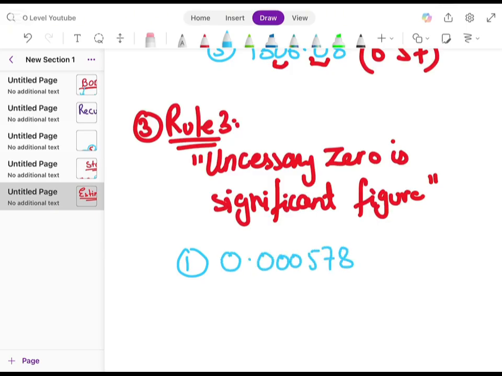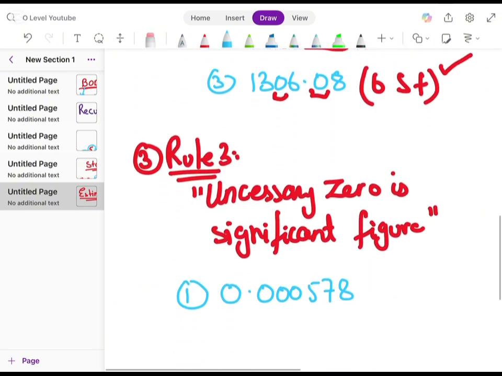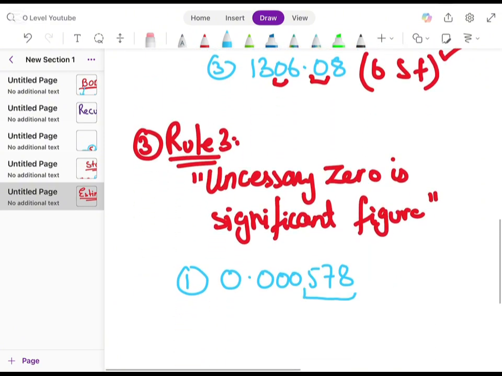0.000578. We did this example in rule number 1, and you can clearly say that the significant figures are 3. Okay, you are absolutely right, but there are unnecessary zeros that will not affect the value, yet they will be counted as significant figures if they are written. For example, if I write 20 here, this will not affect the value, because this is a decimal value, 0.00578.